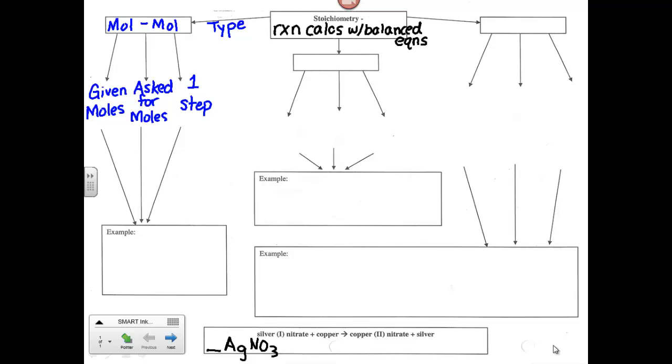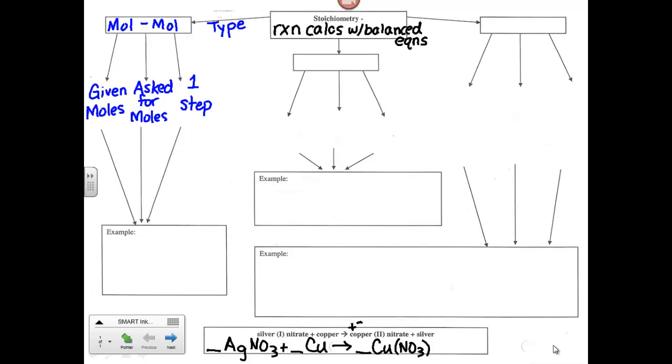Then it says plus copper. And that produces copper 2 nitrate. So again, we're going to have our nitrate. This time it's with the copper. And we need to check our charges.